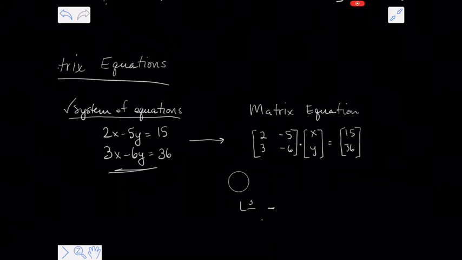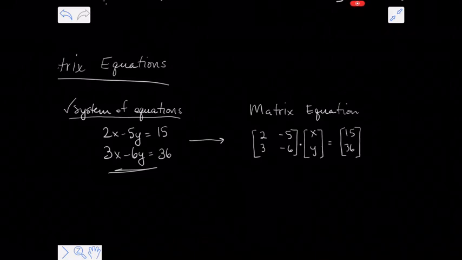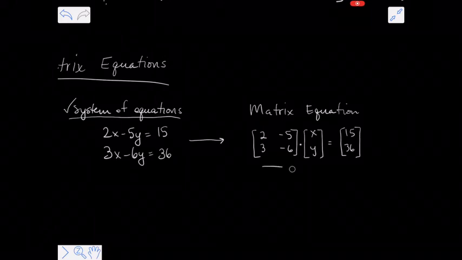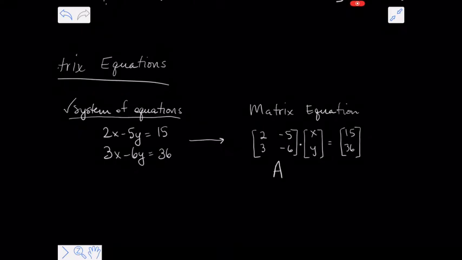Anyway, symbolically, this coefficient matrix is traditionally represented using the capital letter A. The variable matrix is traditionally represented using a lowercase x.